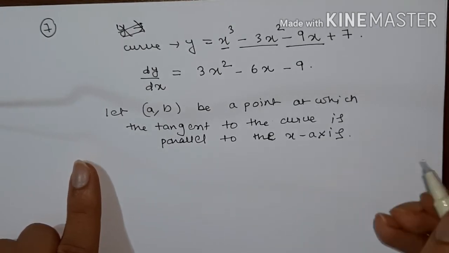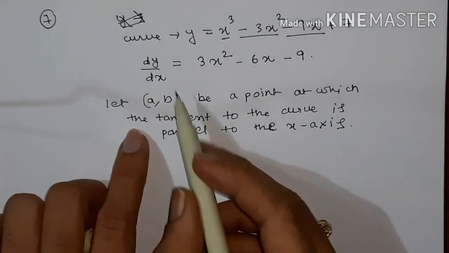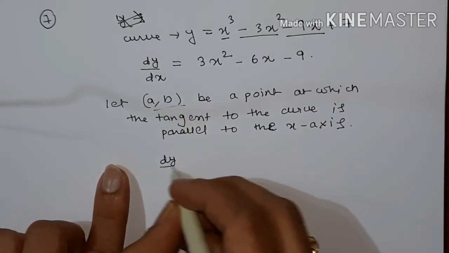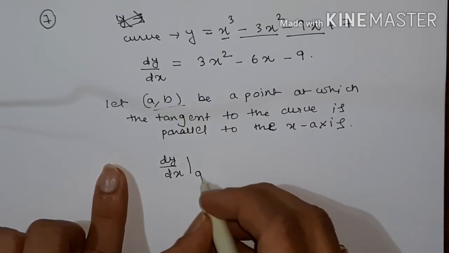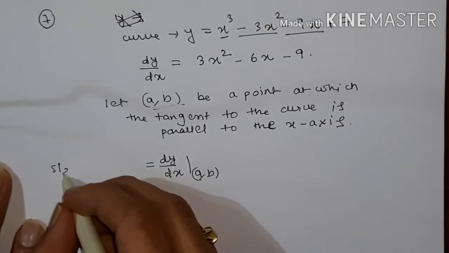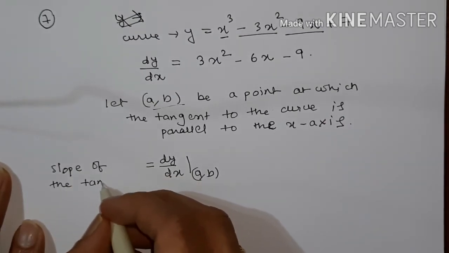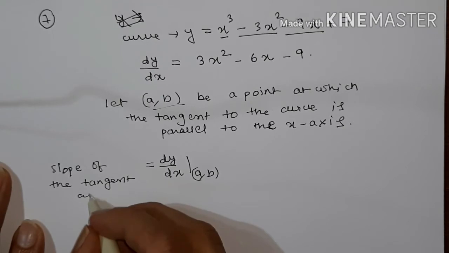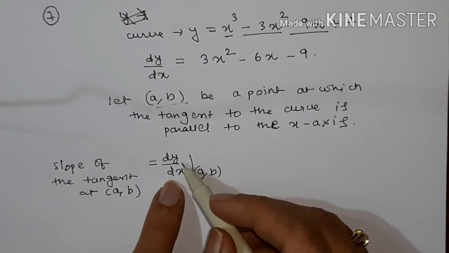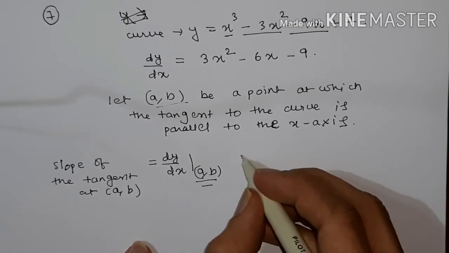Now what will be the slope of this tangent at this point? That is dy by dx at the point a comma b. So this is the slope of the tangent at the point a comma b, which is equal to dy by dx at the point a comma b.